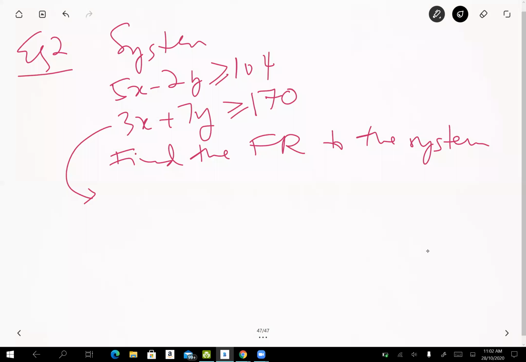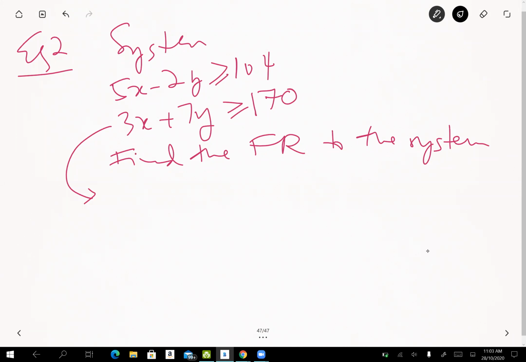How you got that? Okay, y-intercept, what do you get? I got 24.29. Or you can round to 24.3. So that is the y-intercept.